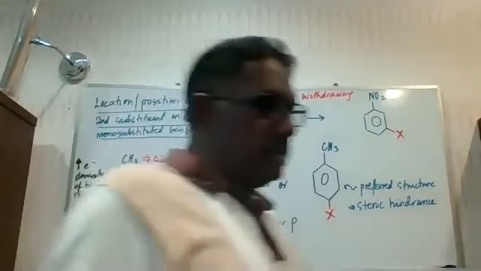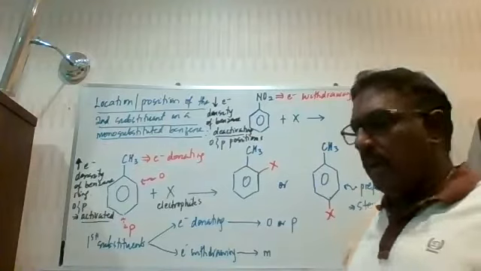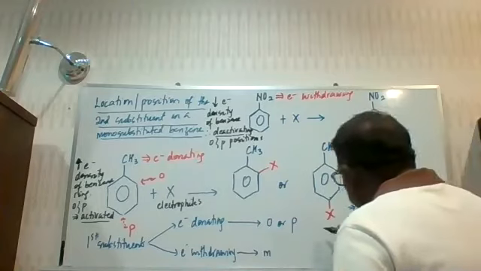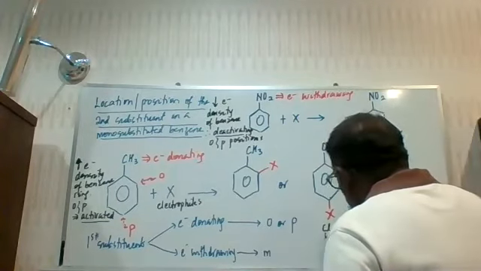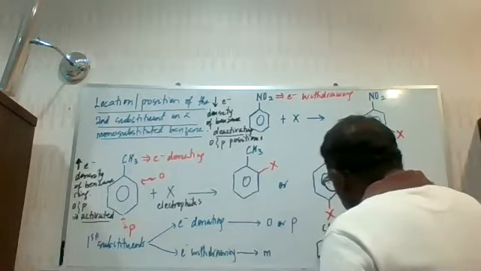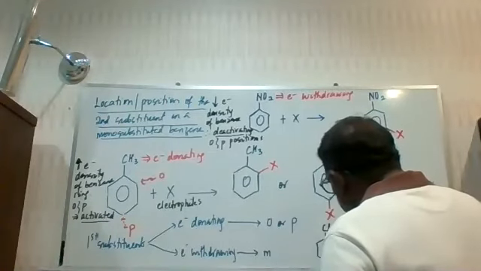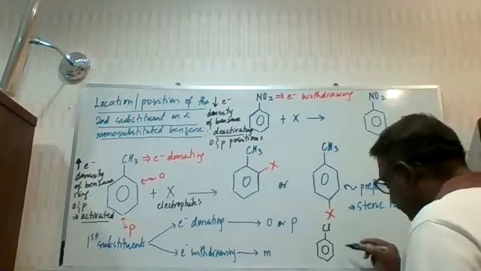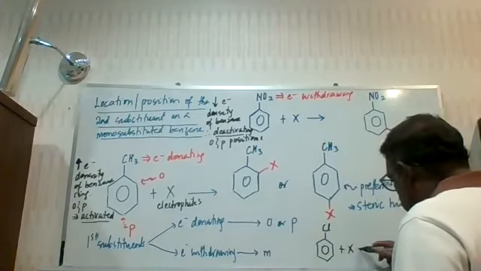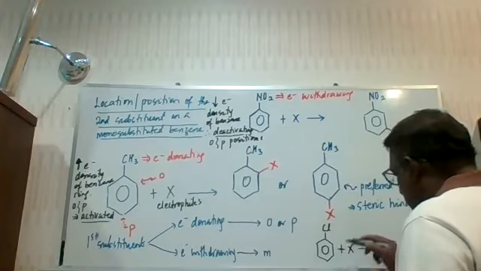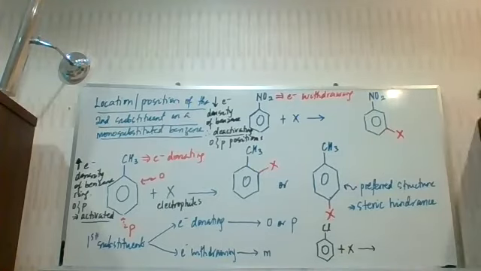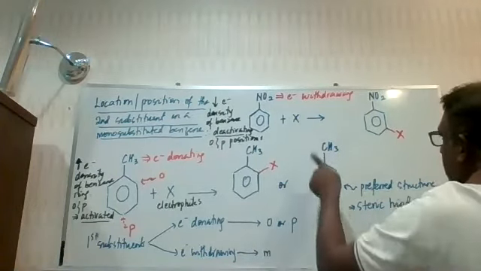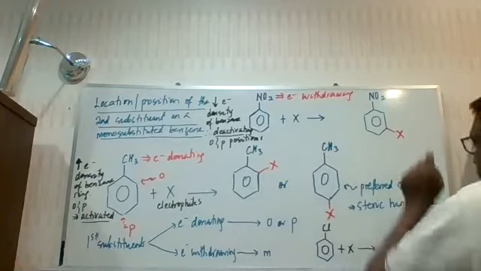Now, another one is an exception. All right, now chlorine. Let's say you have chlorine. That means this is chlorobenzene. So chlorine, you all know, is a halogen. Therefore, it's an electron withdrawing atom. So if X, which is an electrophile, substitutes one of the hydrogens of the benzene ring, because the chlorine is electron withdrawing, it should direct the X to the meta position.